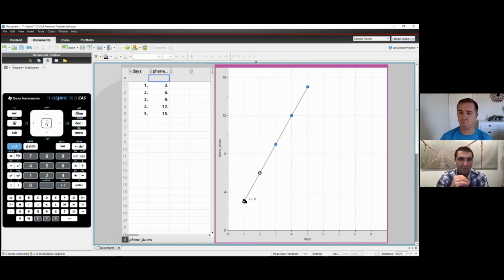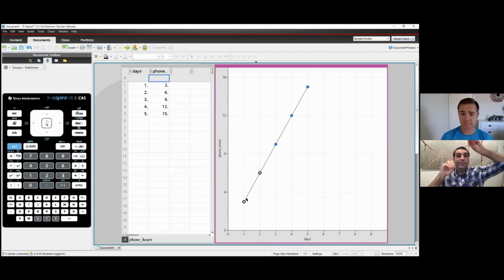I've got this point, 1 day, 3 hours. And this next point that I have highlighted is at 2 days, 6 hours, right? So the distance between here and here, well, that's 3 and that's 6. The distance between them should be 3, right?